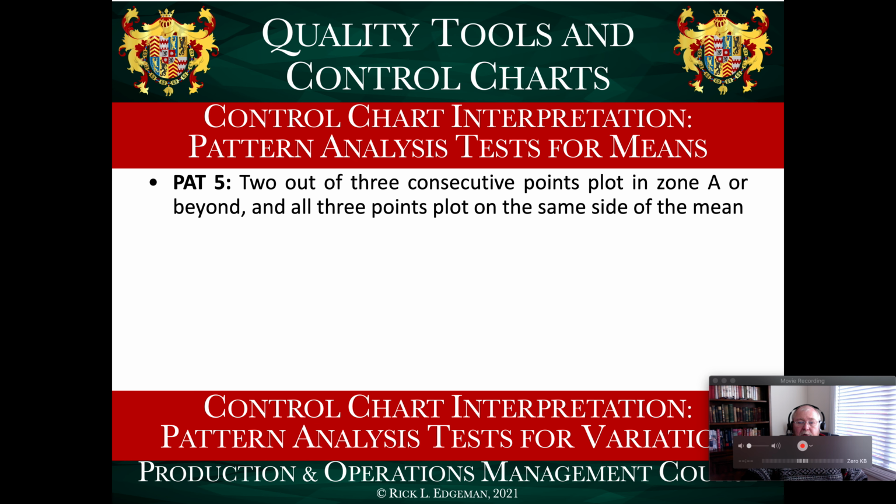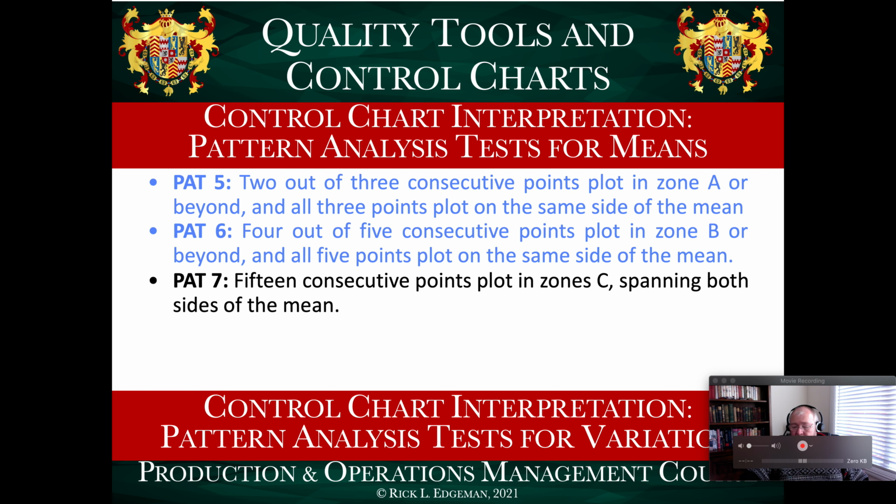That could happen either above the center line, in the upper half of the chart, or below the center line, in the lower half of the chart. But this is a rare pattern that normally indicates a fairly large, pretty abrupt, or sudden change in the average performance level of the process.